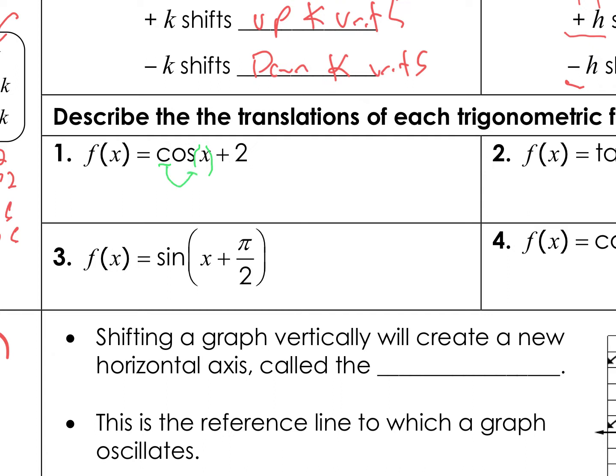So x is by itself. So there's not going to be any horizontal shifting with number 1. You are going to have a vertical shift because k is equal to 2. So the function is going to shift up 2 units.